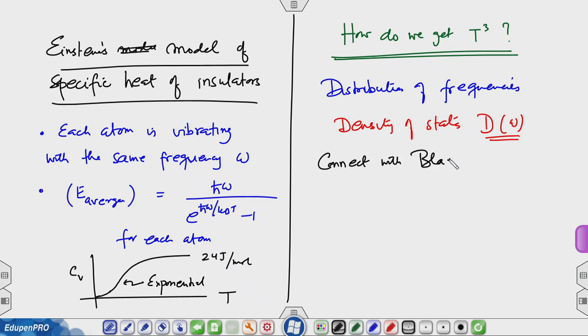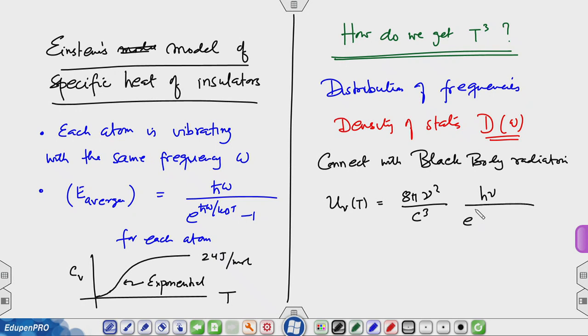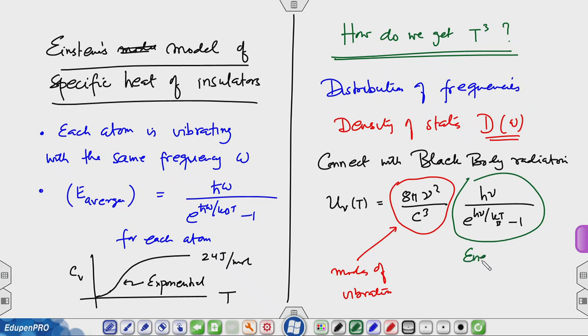What we had there, that u nu T was equal to 8 pi nu square over c cubed times h nu over e raised to h nu over kT minus 1. And I have already told you that this term is related to modes of vibration, and this term is energy per mode. Simple harmonic. That is the approximation we have been making.